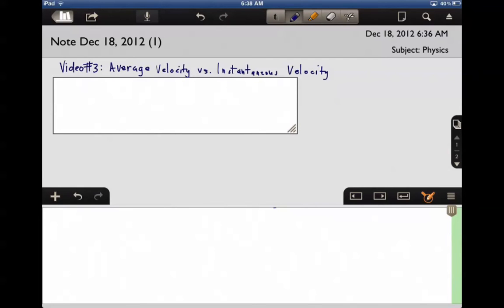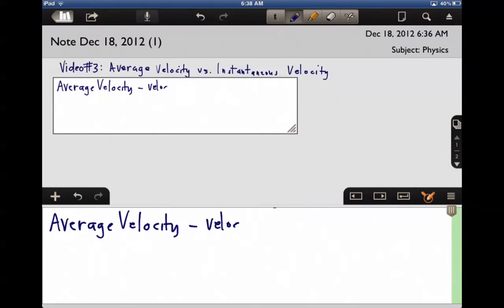So the basic difference between average velocity and instantaneous velocity is a matter of time and the length of time that you're discussing. The idea of average implies that we're looking at the velocity over a long time interval.